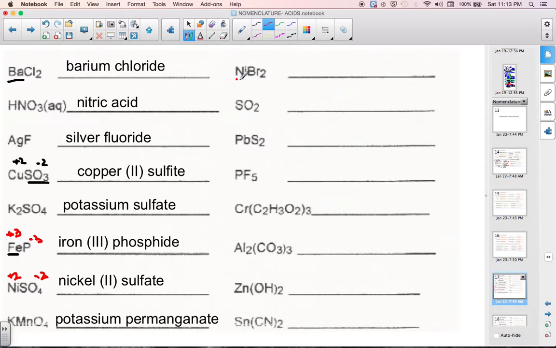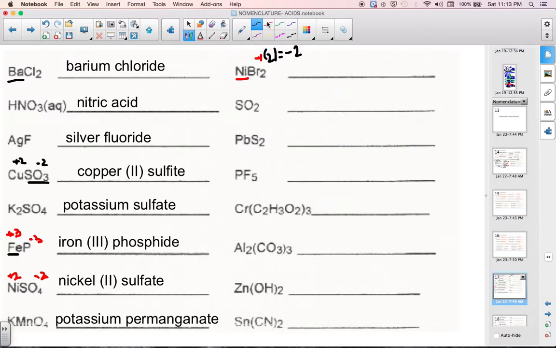Now, nickel again, we mentioned in the previous one that it could have different charges. I have to figure out what Br is. So Br is a -1, and there happen to be 2 in this case, 2 Brs. So I'm going to multiply that times 2 to get a total charge on the anion side of -2.